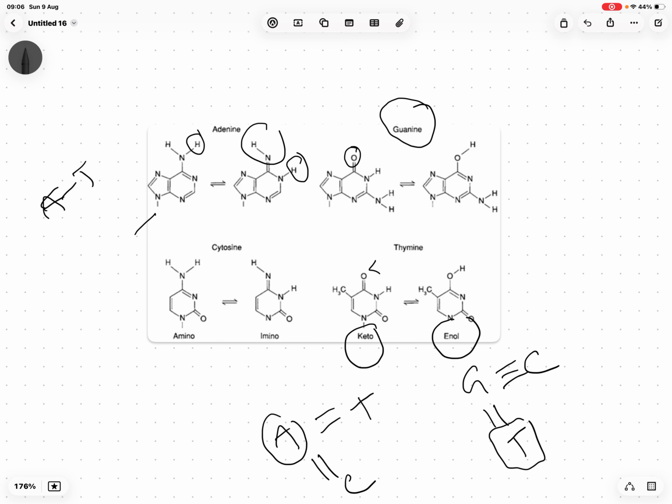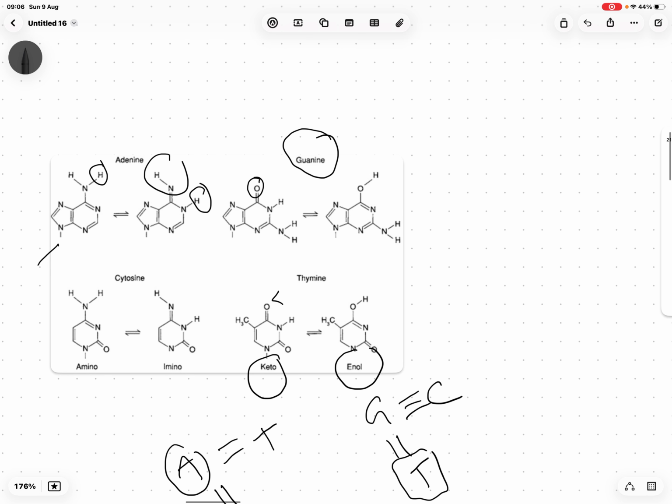But this type of pairing is not abnormal. These bases are not abnormal bases. The amino form, imino form, keto form, and enol form bases are not abnormal bases, unlike the deamination of adenine or cytosine that produces hypoxanthine and uracil.